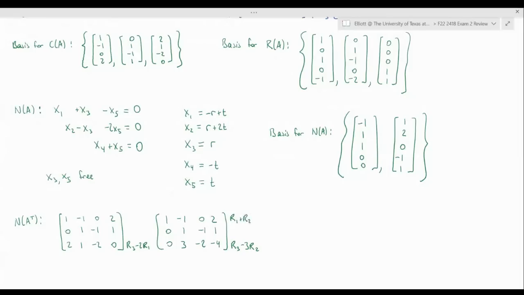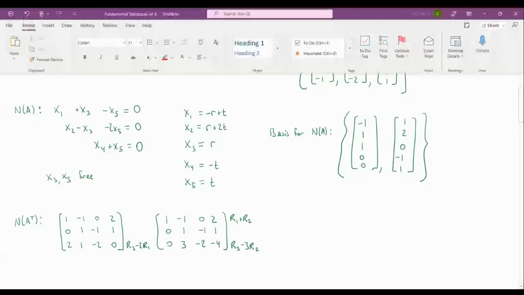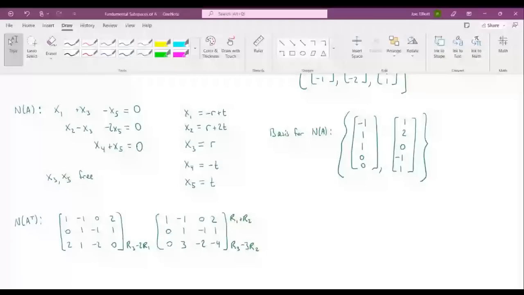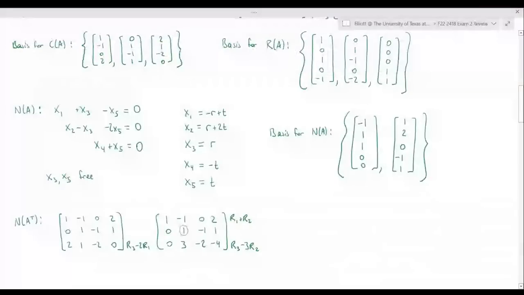And I'll go ahead and do row 1 plus row 2 as well, just to eliminate everything above and below the next pivot, okay? And here, so this was the second pivot. The 1 here was the first pivot, okay?